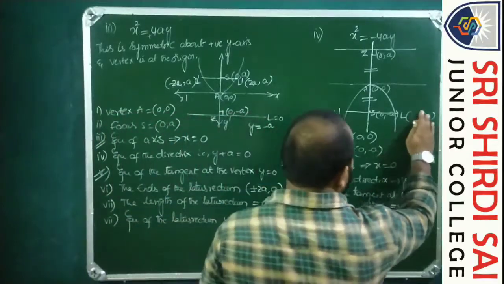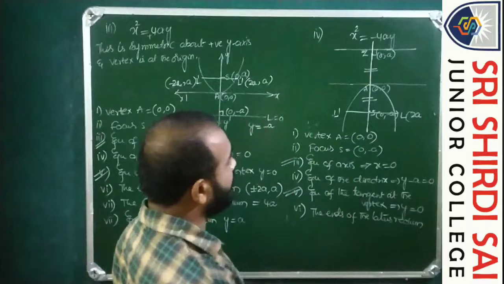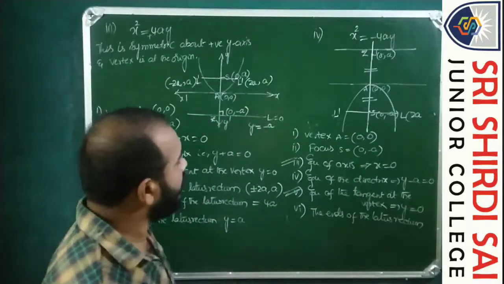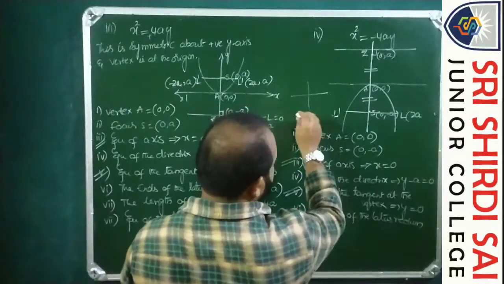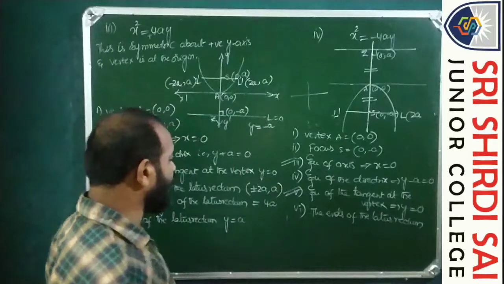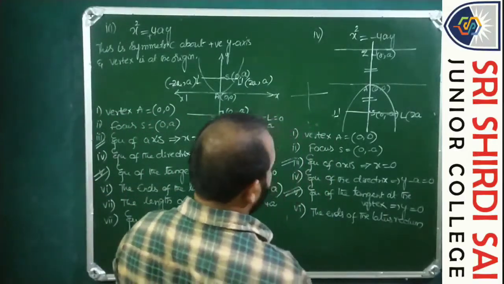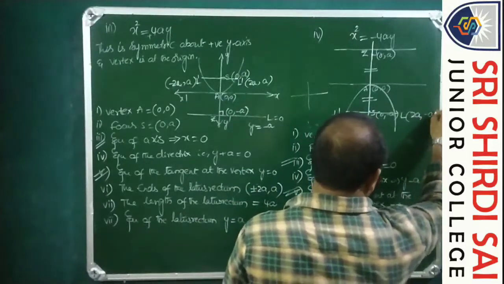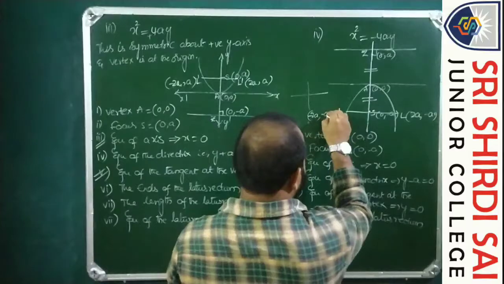Sorry, this is 2a. So this is lying in which quadrant? Negative x-axis. So this is 2a comma minus a, and this is minus 2a comma minus a.